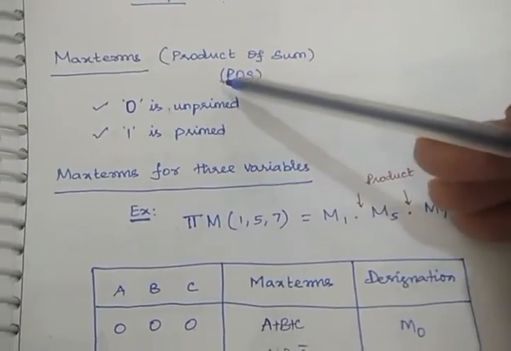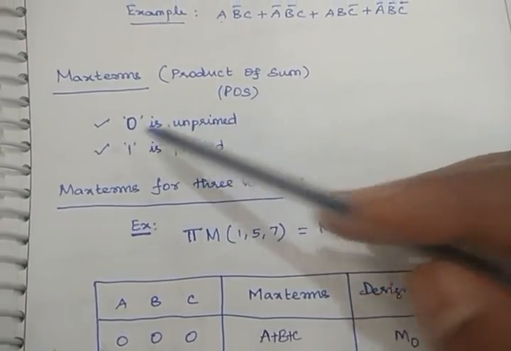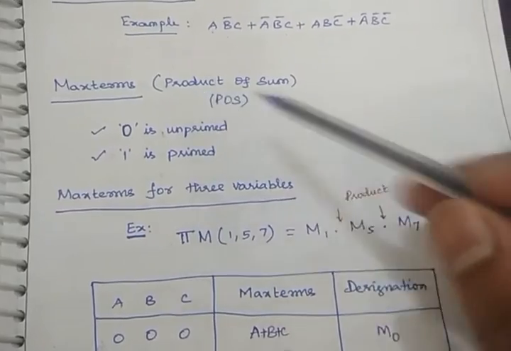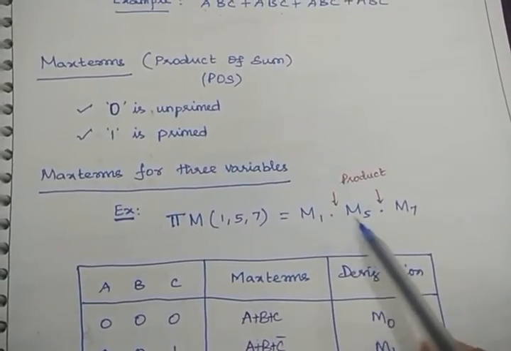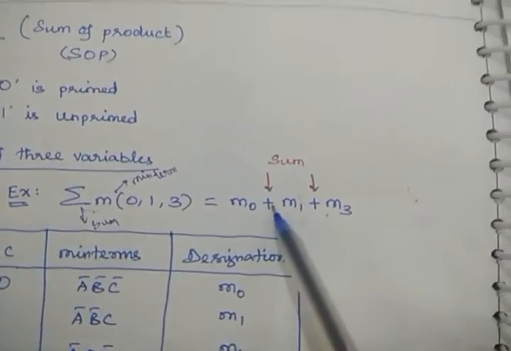So we'll move on to the max terms. Max term is opposite to min term. 0 means unprimed, 1 means primed. So it should be in product. Just see here, it is in product. Max term means it is in multiplication, and min terms means it is in addition.